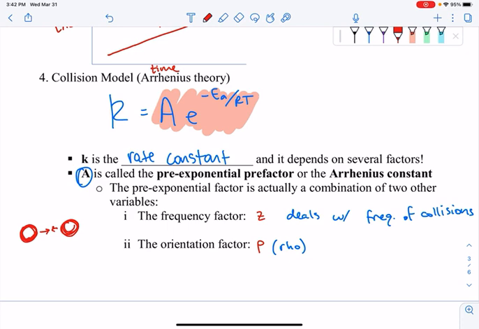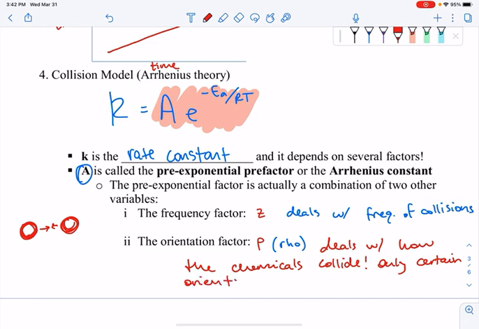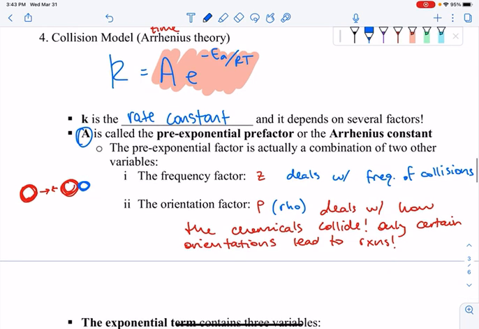The orientation factor deals with how the chemicals collide. Only certain orientations lead to reactions. So say, for example, let's complicate this picture a little bit and say that if the two red dots hit each other, nothing happens.